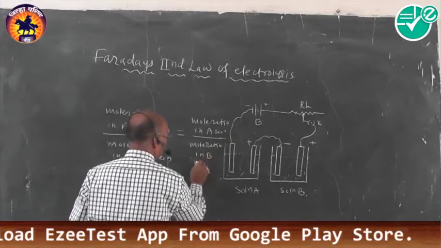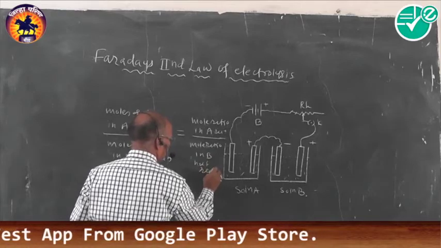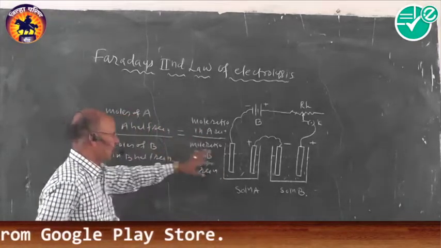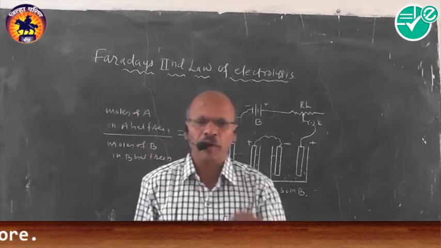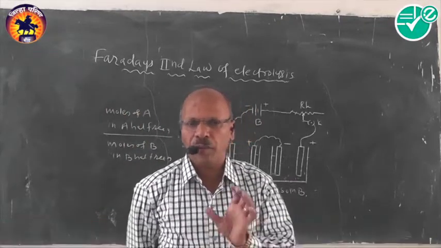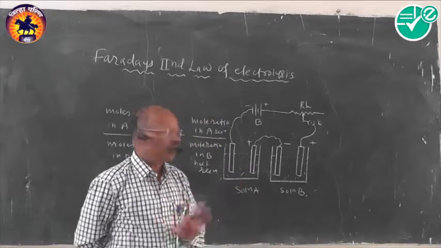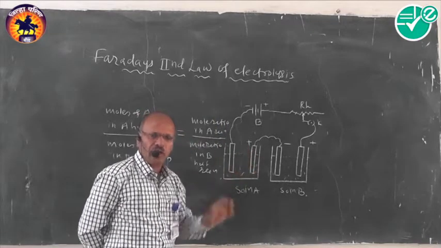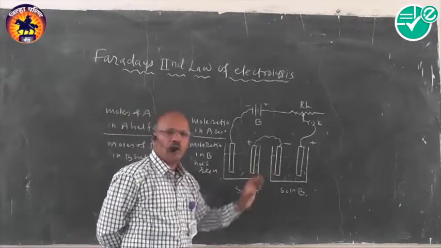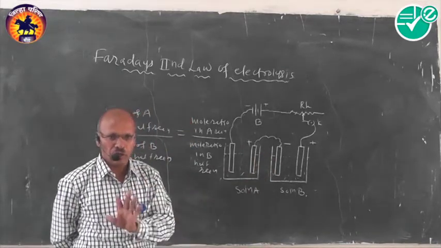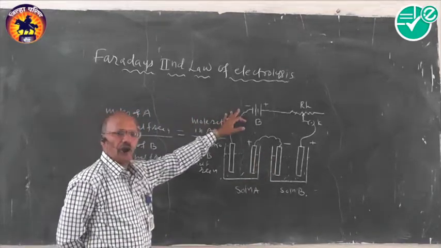This particular equation we generally call the equation for Faraday's second law of electrolysis. So we can say that when the same amount of electricity passes through different electrolytes connected in series, then the amount of substance deposited varies directly proportional to their chemical equivalents. We generally call this Faraday's second law of electrolysis.